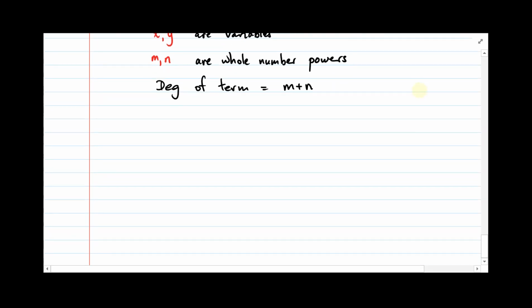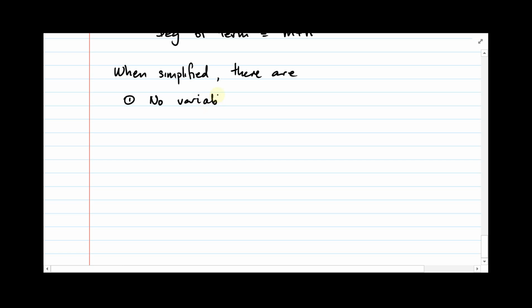Let me just say a couple more things. When we have a polynomial, when simplified, whether it's in one variable or two, there are no variables in a denominator, and there are no variables under a root, square root, or radical sign.